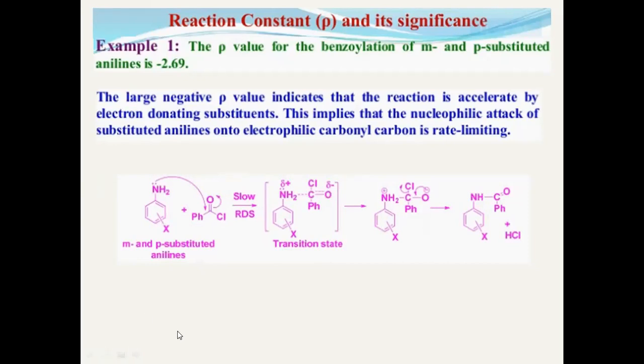If this meta and para aniline is reacted with this benzyl chloride for benzylation, this lone pair will attack this carbon. Our main target is aniline, so aniline is the reaction site that will get positive charge here.